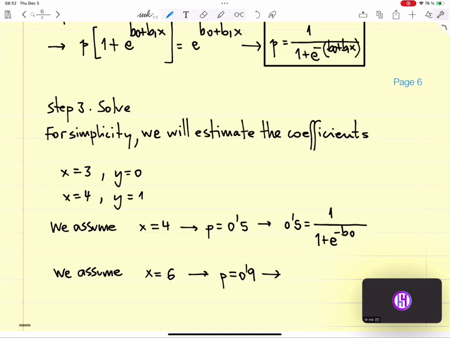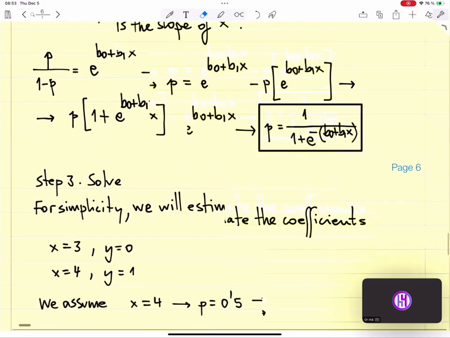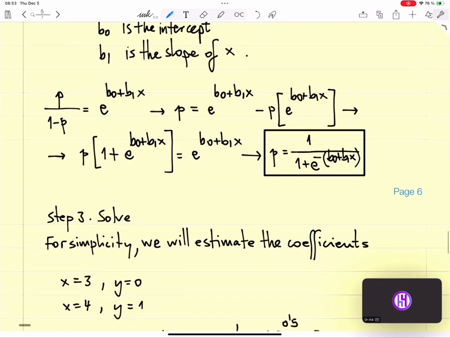Sorry, let me use the other formula. I prefer to use that one. P divided by 1 minus p equals exponential.